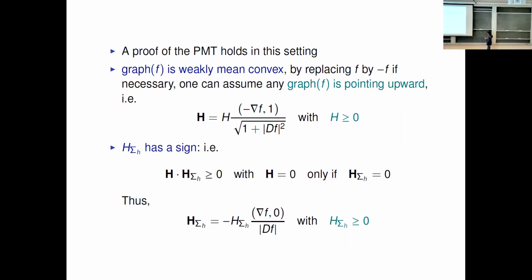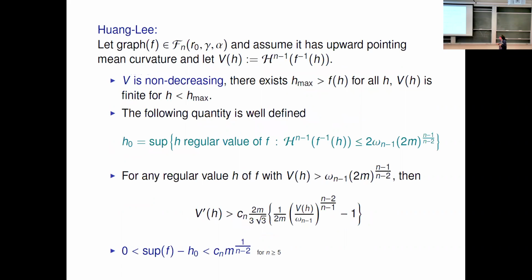So the graph, you flip f and then it looks like this. And what Lan and Gu proved was that then you will have this h to be greater or equal than 0. Okay, so let's move on.